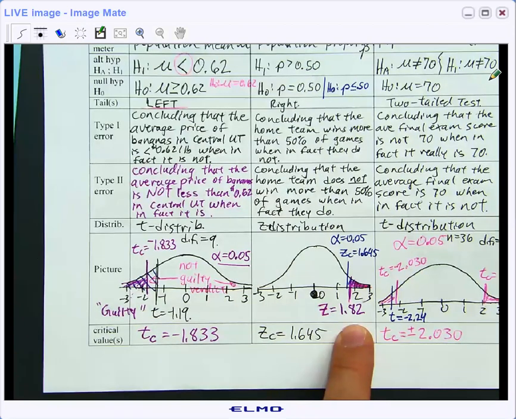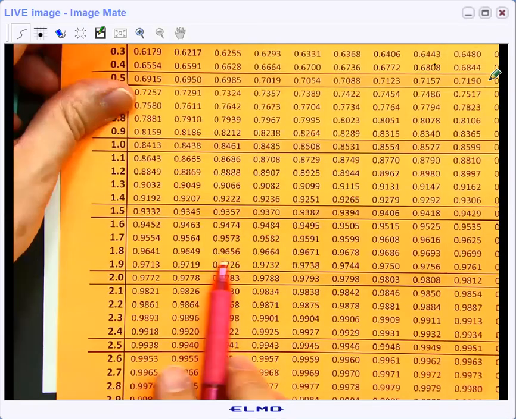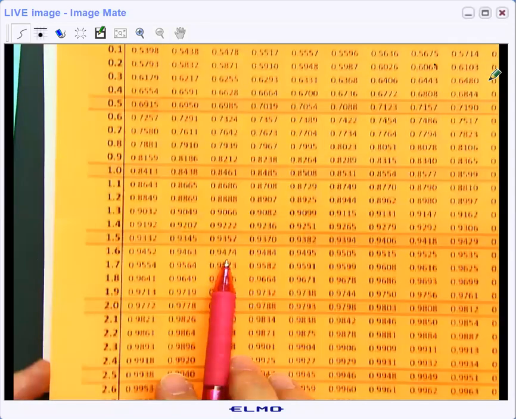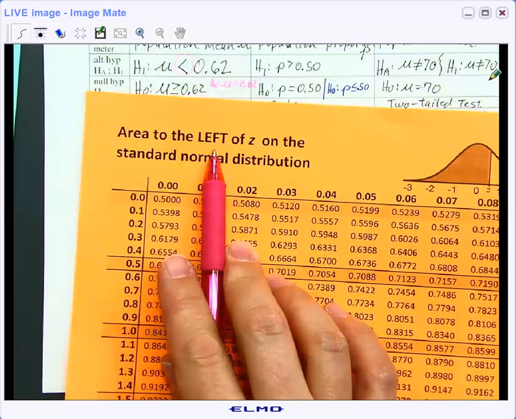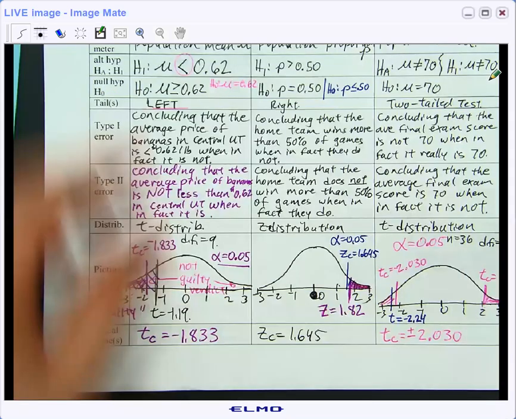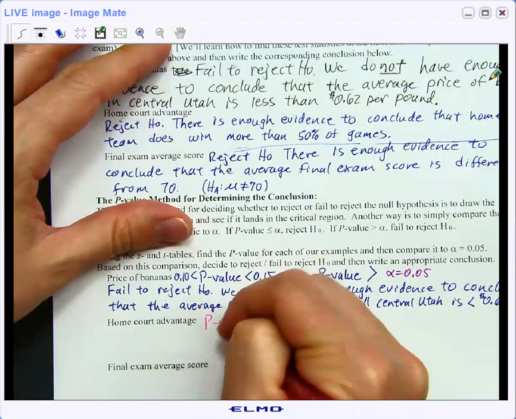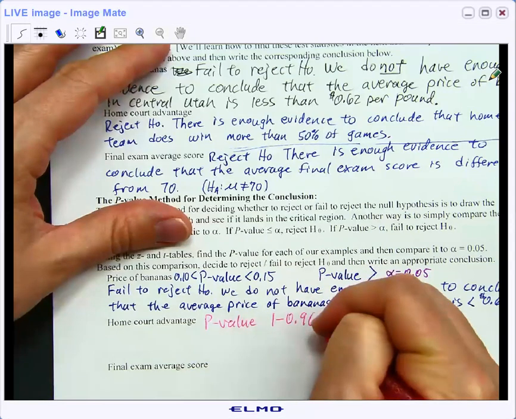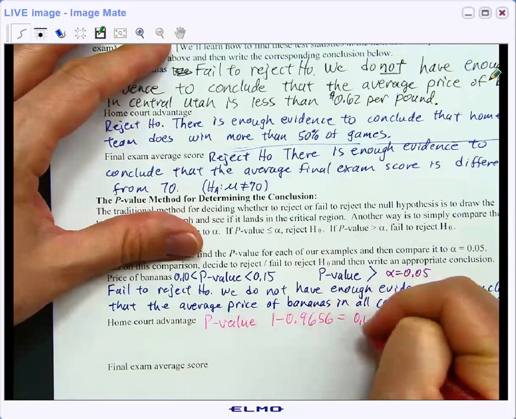So we'll pull out our z table, and 1.82 is 0.9656, but we'll remember that that is the area to the left. So our p-value for this problem would be 1 minus 0.9656, which would be 0.0344.